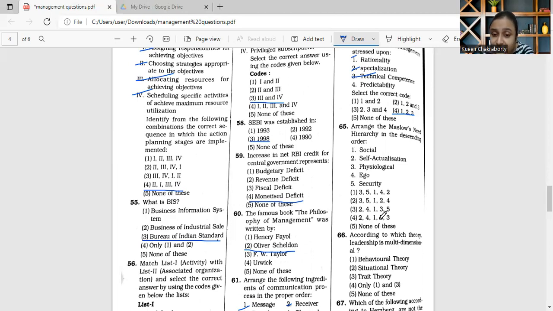Once the lower level needs have been met, people can move on to the next level. That's a pyramid structure. First we have the basic ones, then one by one we proceed to the topmost portion.